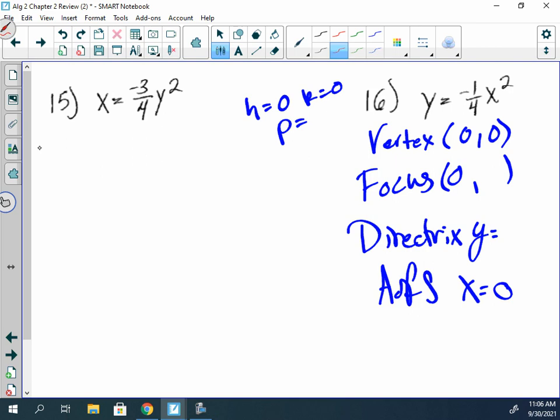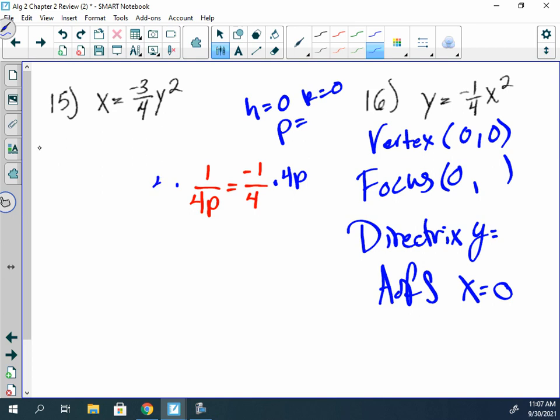Any questions on this here? Now, how can I find p? Well, it's going to be using the 1/4p, and we set it equal to what? Negative 1/4. And what would we do?